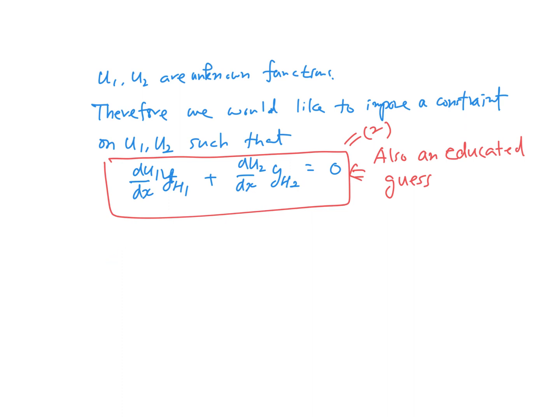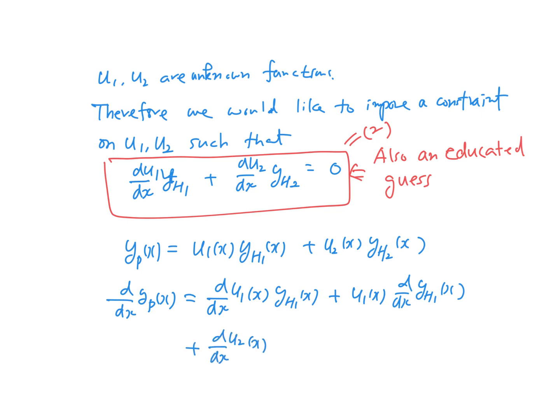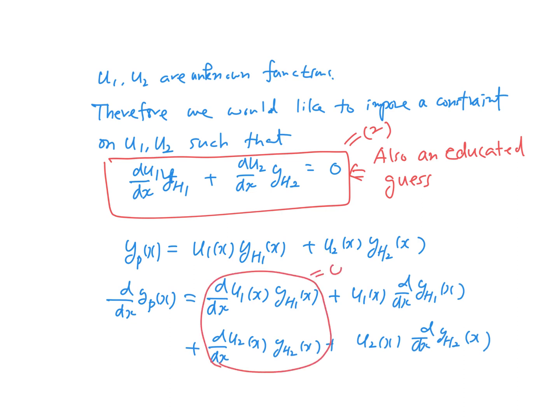So we are going back. y_p equals u1(x) y_h1(x) plus u2(x) y_h2(x). So we differentiate once, giving u2(x) dy_h2/dx plus the other terms. But this term is 0, right?